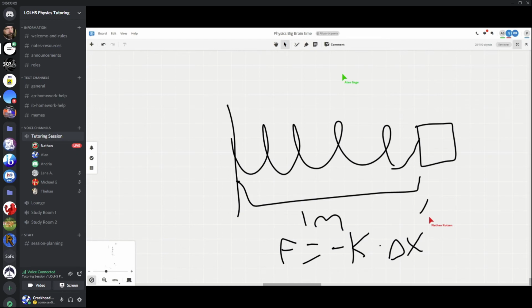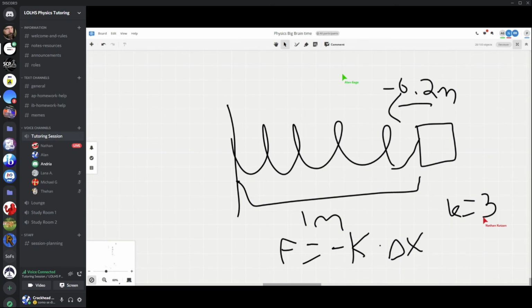If we displace this object over here by negative 0.2 meters, and let's just say for the sake of it, the spring constant is 3. So what is the force exerted by the spring on that box going to be?